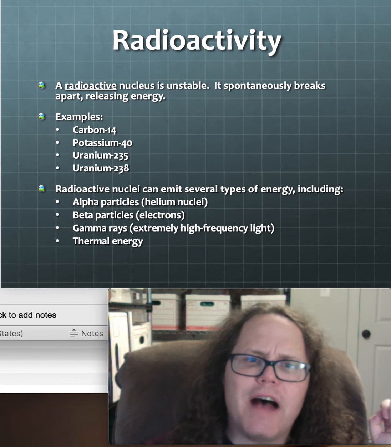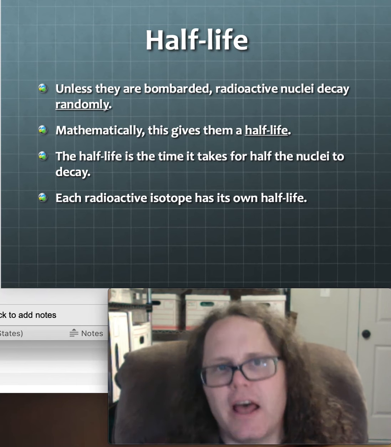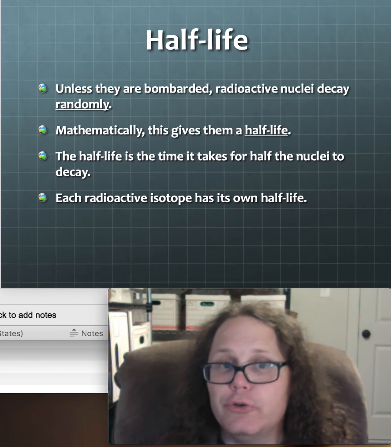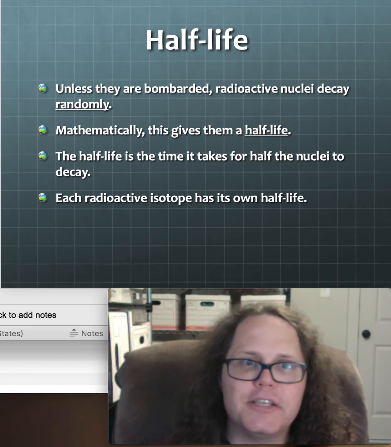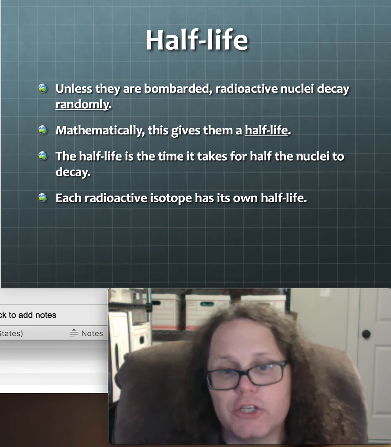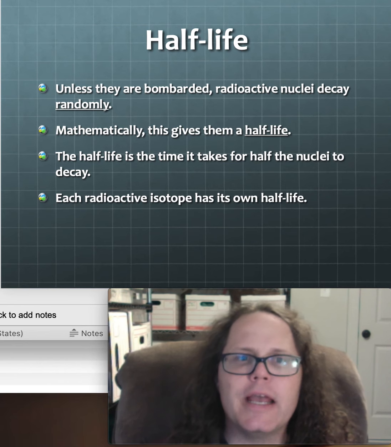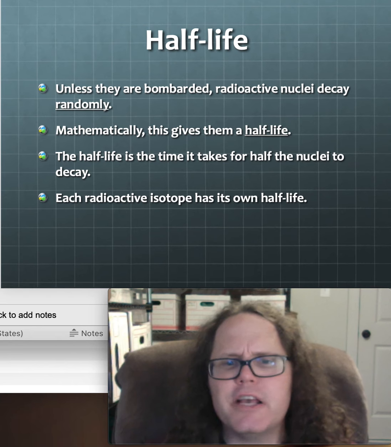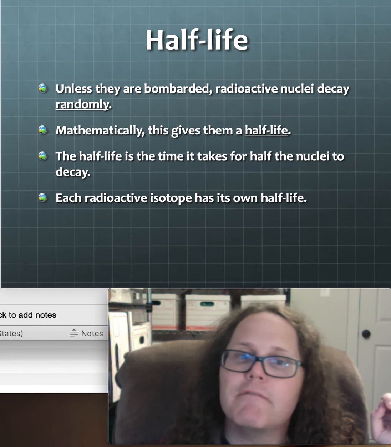A radioactive isotope has a half-life. This is the amount of time it takes for half of a given sample to decay. Some radioactive isotopes have very short half-lives, much less than 1 second, so they decay very quickly. While some isotopes have very long half-lives, billions of years or more, so they decay very slowly.